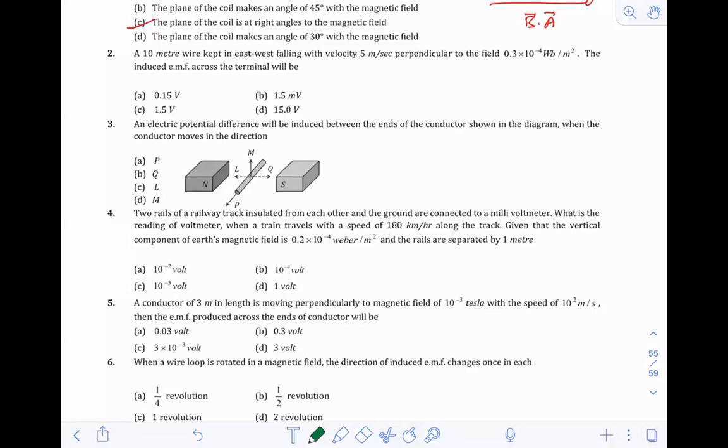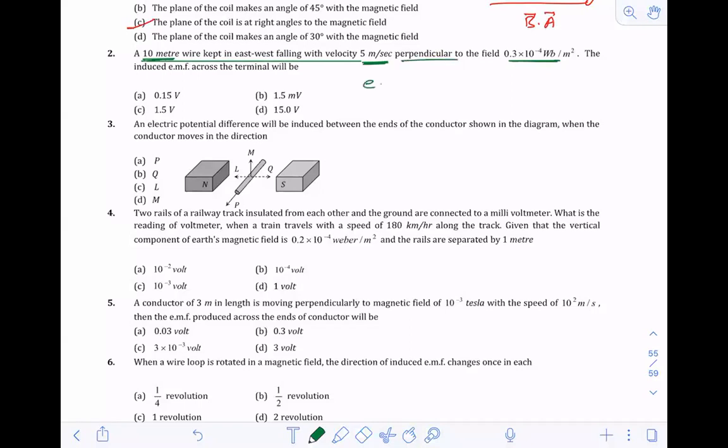Just see here. A 10-meter wire is kept east-west, falling with the velocity 5 meter per second. With that speed, this wire is falling. So I have got the velocity, the length of the wire, and the magnetic field in which the wire is kept, and it is perpendicular.